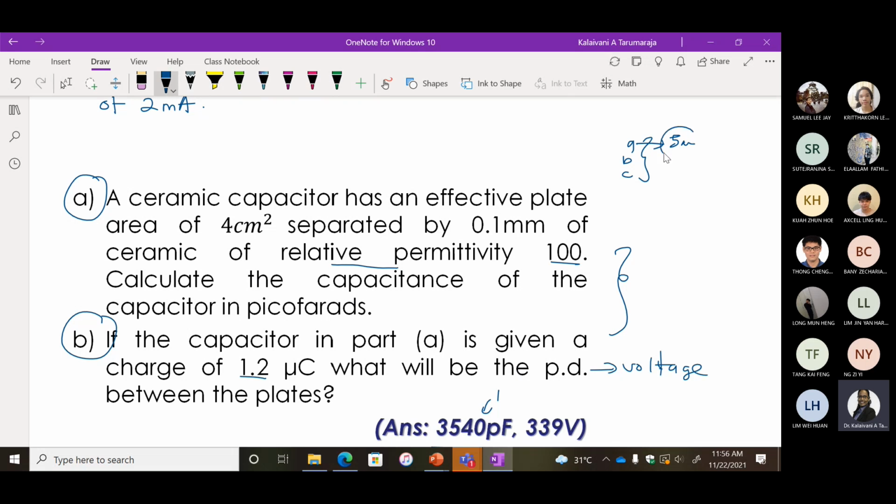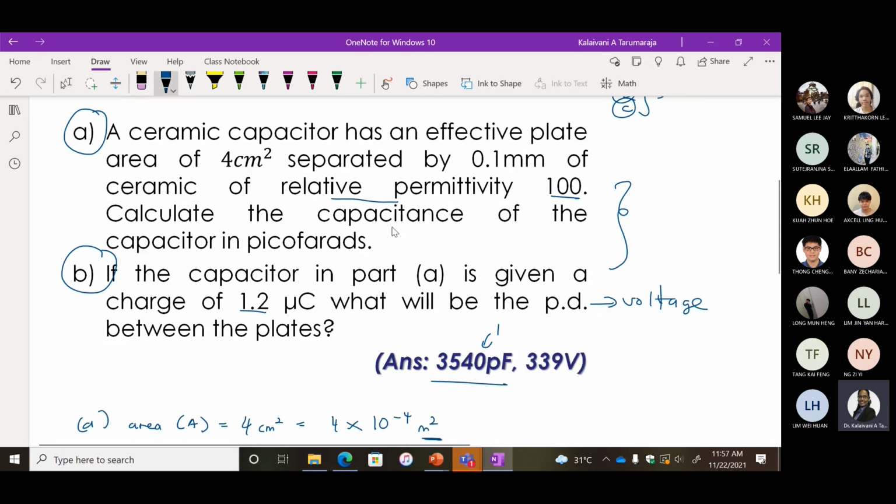If you made a mistake on A, you will bring the same mistake to B, and then bring the incorrect answer to C. So your questions are interconnected. Be careful when you do the calculations here. That's what we want to point out.